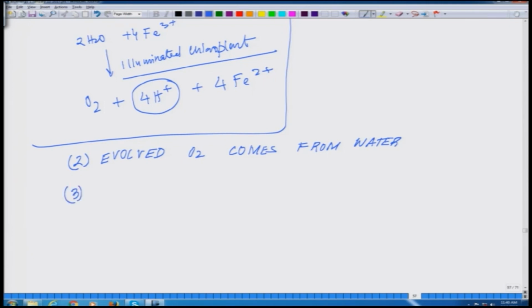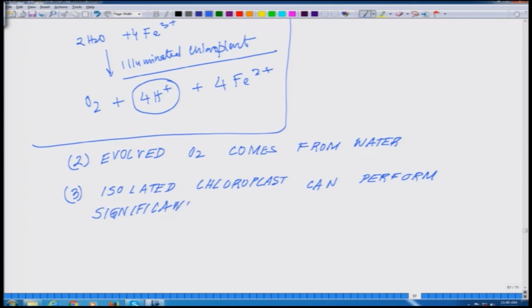The third aspect shown by the Hill reaction is that isolated chloroplast can perform significant partial reactions of photosynthesis. I am just showing photosynthesis as PS.